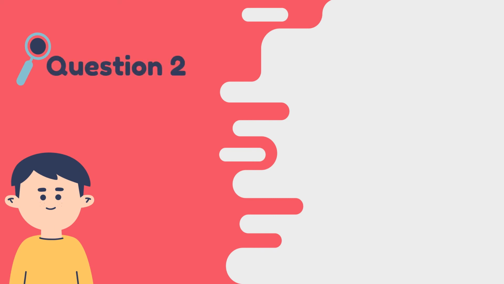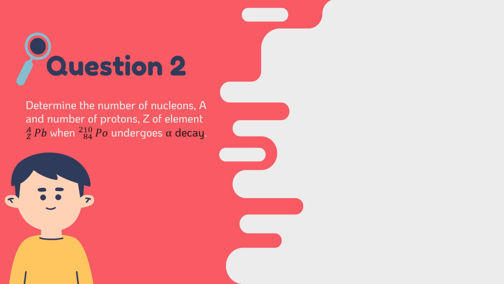Now, let's continue with question 2. Determine the number of nucleons A and number of protons Z of element lead when polonium-210 undergoes alpha decay. So, the first thing that you have to do is to extract the information from the question.